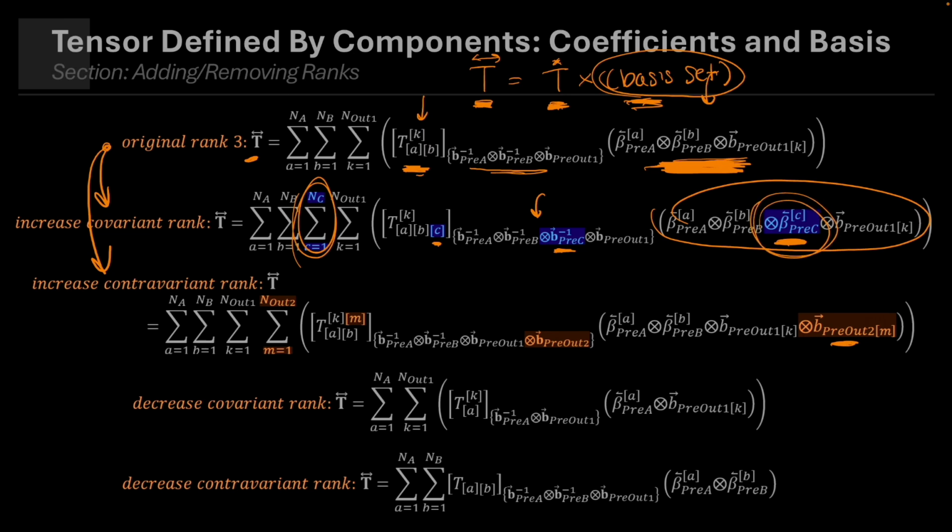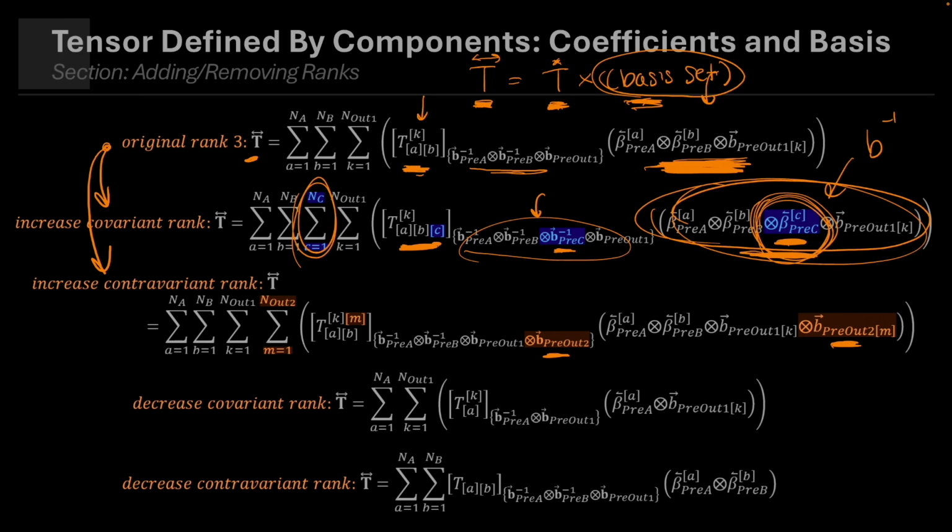Like up here, when we added a covariant rank, we need to add an inverted basis set, which we can imagine or visualize as a dual basis set. So we add this, its corresponding value here. Note that, in general, this should always agree with this, okay? Because we want to be taking the product of our coordinate matrix as well as one element of its associated basis set.